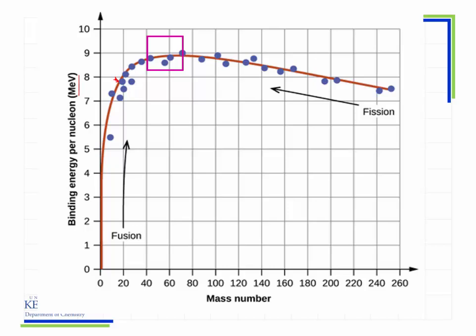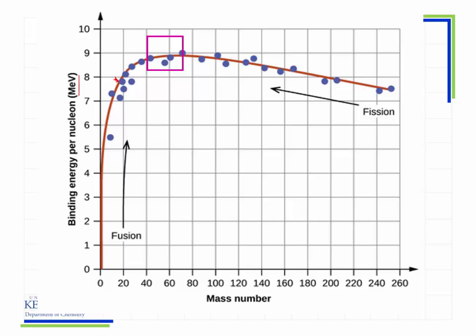So each element has got its own unique binding energy per nucleon. This is a way that we can compare them all, even though they have different numbers of nucleons.